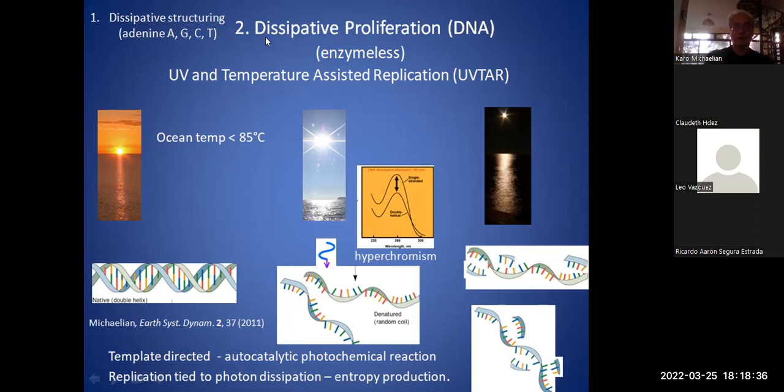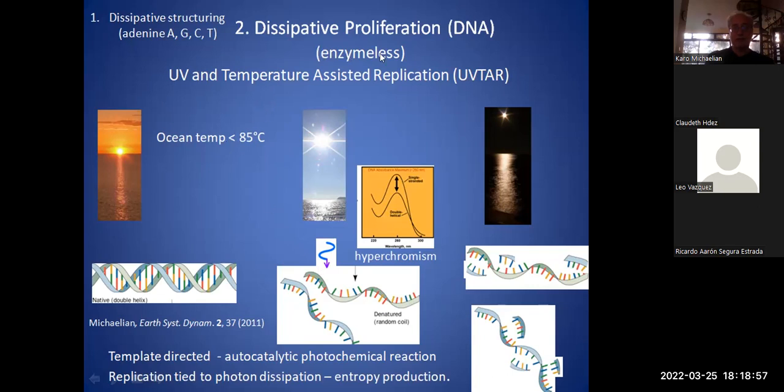Now let me go to dissipative proliferation. This is the case in which we find an increase in the spread of these molecules, or DNA, the proliferation of DNA. I'm going to give the example of DNA right now, over the whole surface of Earth.